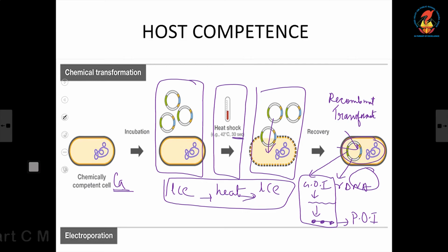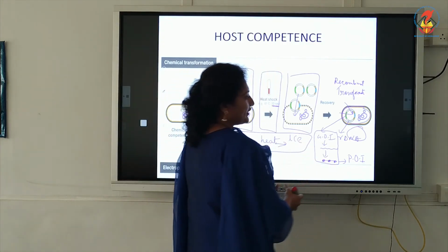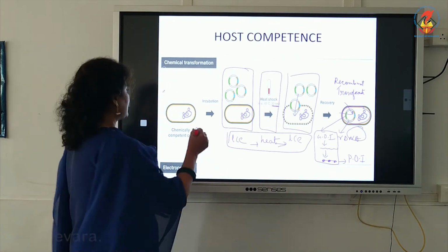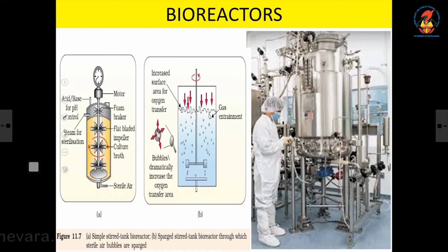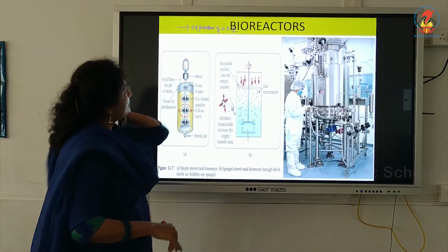To multiply the host, and not only that, for large scale production, we have to go for bioreactors. So, the next slide depicts the bioreactors. The advantage of bioreactors, one, is for the expression of the gene of interest. As I told you, we are not concerned with the gene of interest, it should be expressed into the protein of interest.